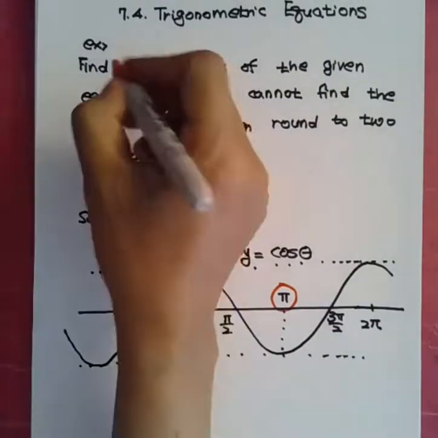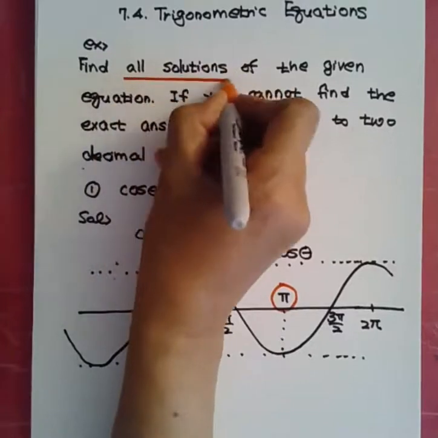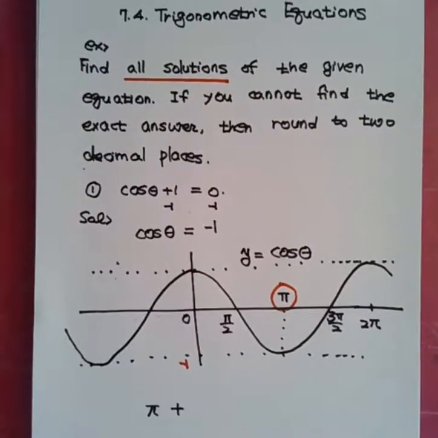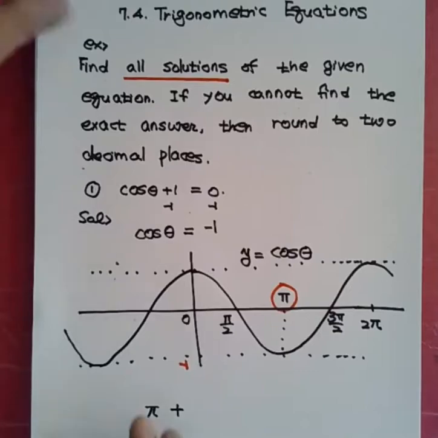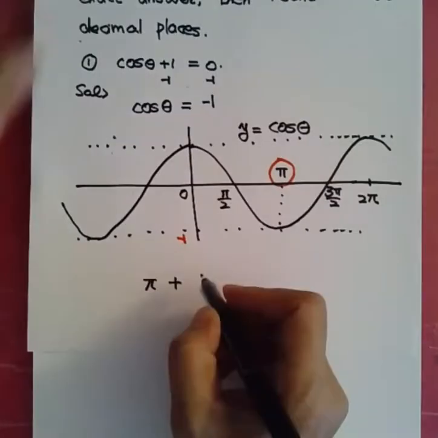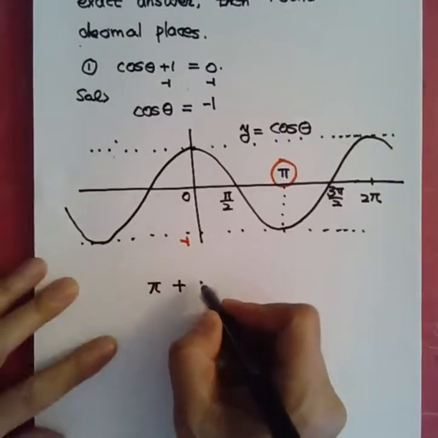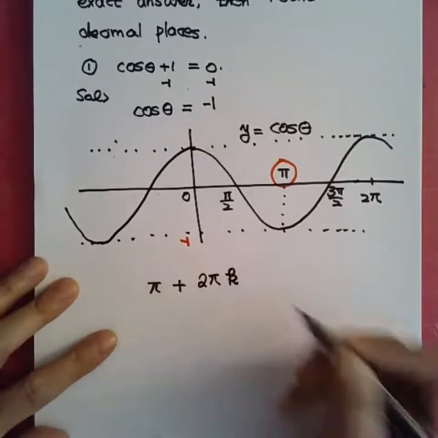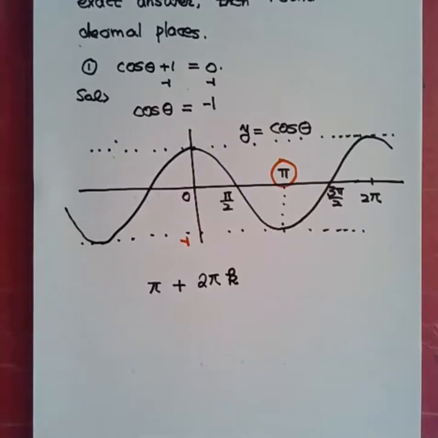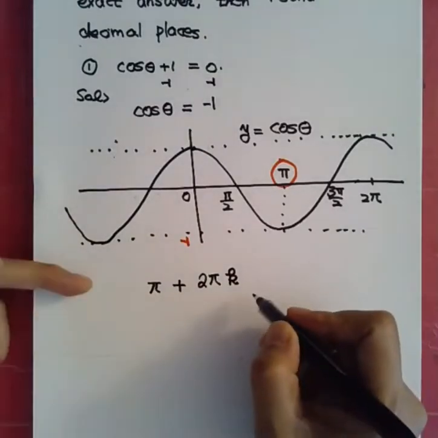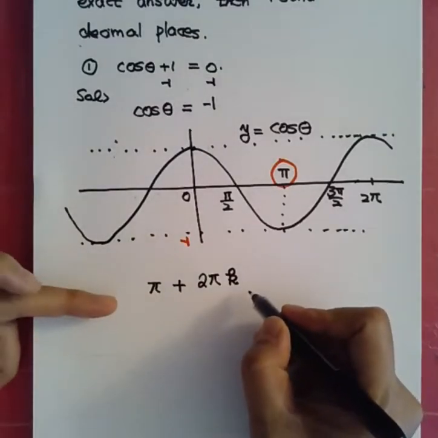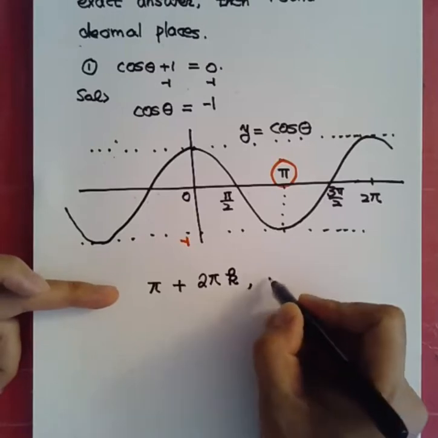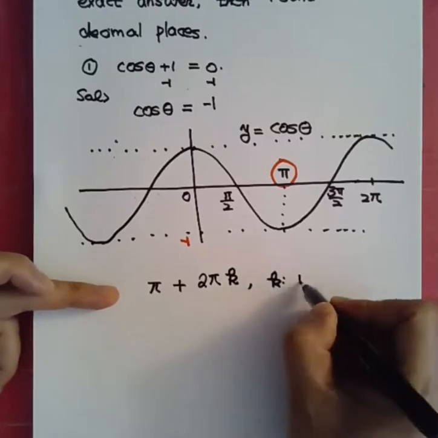The problem asks you to find all solutions, which means all coterminal angles will be the solution. So multiples of 2 pi will be coterminal angles. So the final answer will be pi plus 2 pi k when k is an integer.